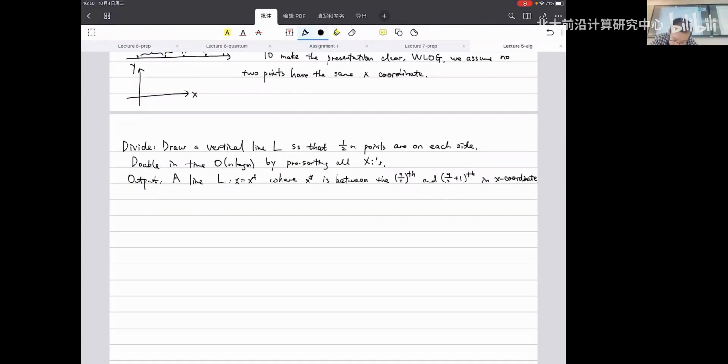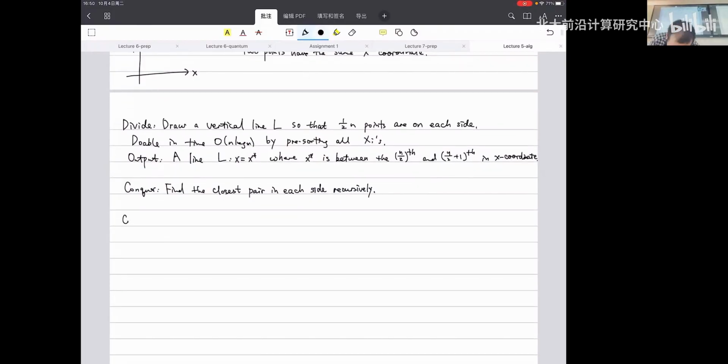So the conquer part is just recursive calls. We find the closest pair on each side recursively.